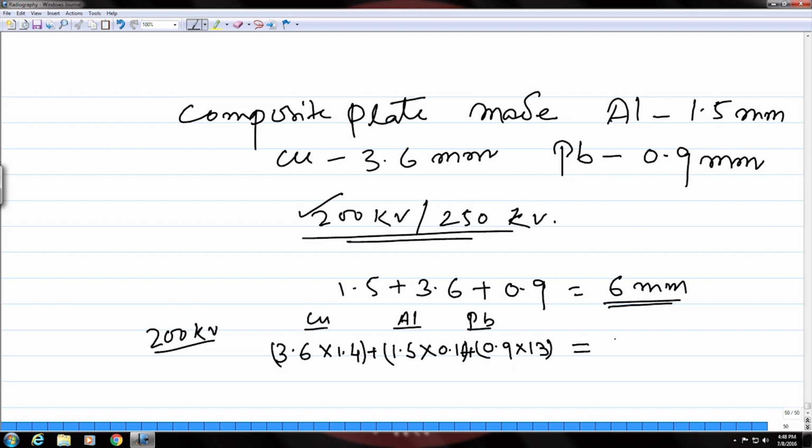If you calculate, this will be 17 mm of steel. So, this is how any material thickness can be converted into a steel thickness when you want to use that exposure chart for calculating the exposure time.